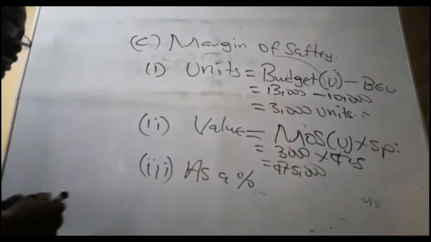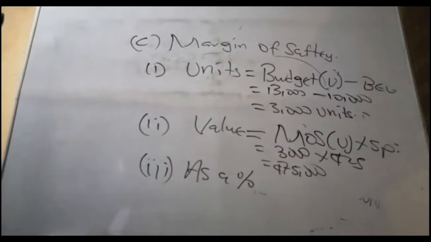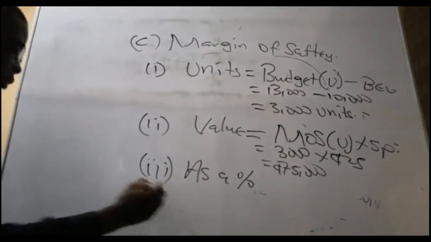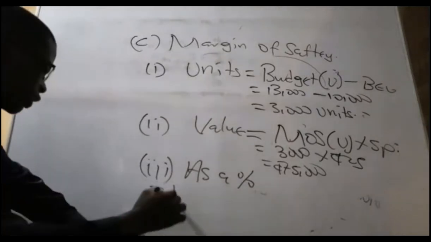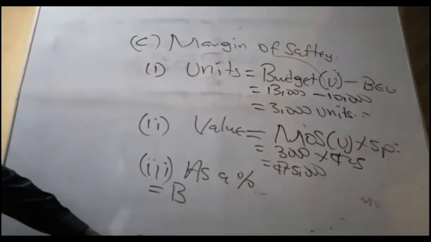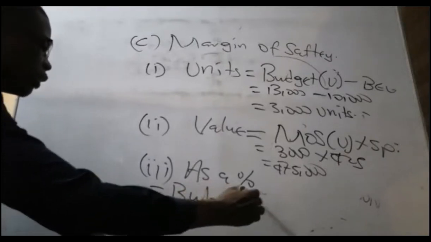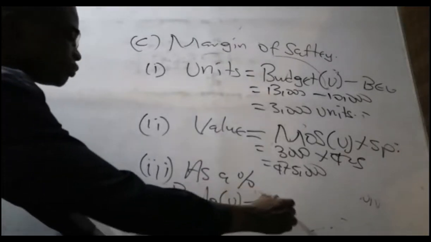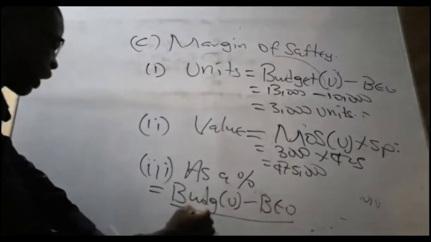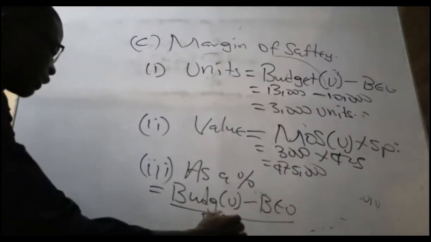Let's go to margin of safety as a percentage. Tell the examiner that originally the formula is the budgeted unit minus break-even unit, all divided by the budgeted unit.